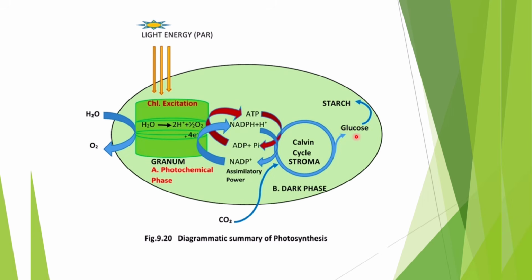So the carbon dioxide will be reduced to glucose, and that glucose can be converted into starch, which will remain within the stroma of the chloroplast. That is why we call these plastids tiny factories which are responsible for the production of starch. So we have seen how the mechanism is taking place here.